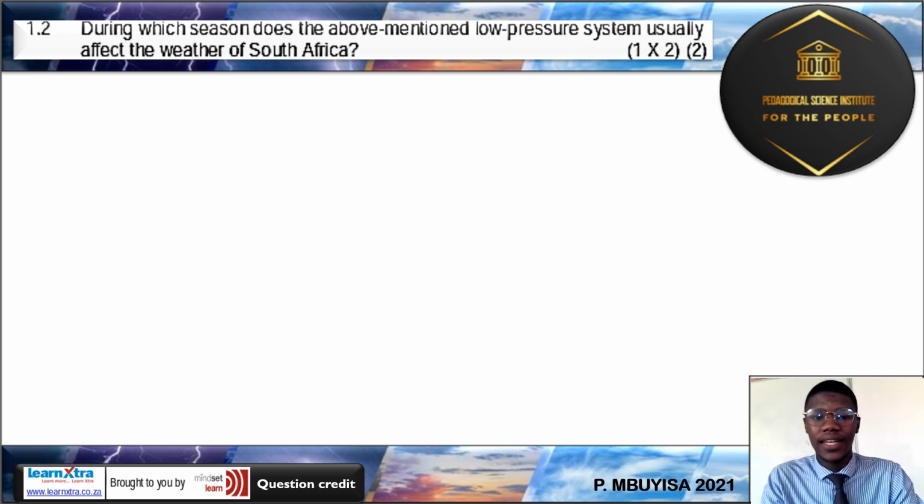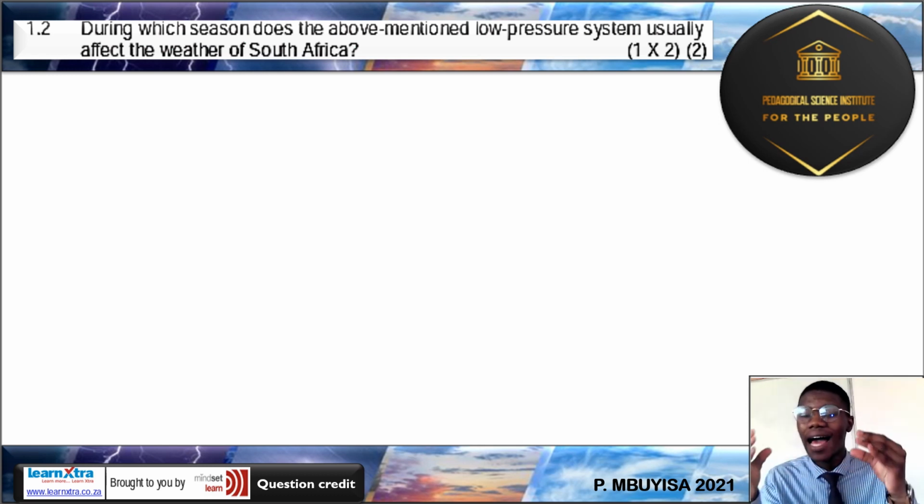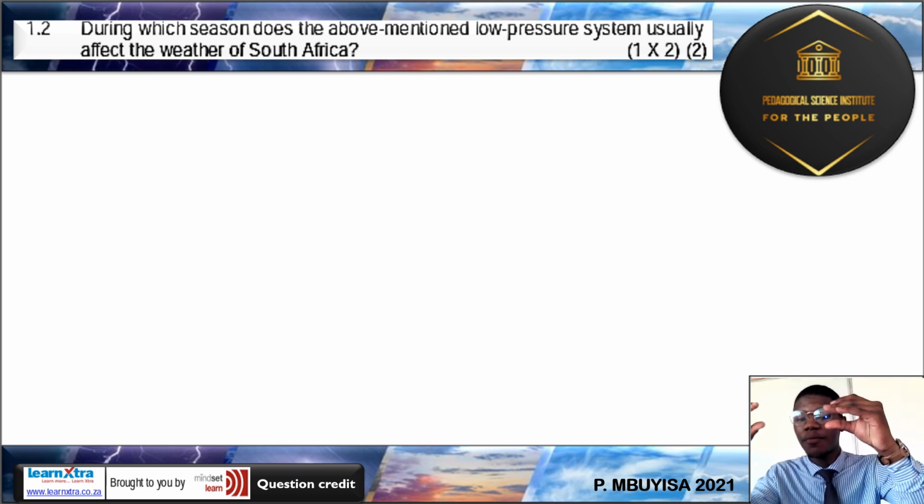1.2, during which season does the above mentioned low pressure system usually affect the weather of South Africa? Now, remember, mid-latitude cyclones occur throughout the year, but they only affect South Africa in winter. Why don't they affect us in summer? It's because in summer, the ITCZ moves from the northern hemisphere, as it will be winter, to the southern hemisphere.